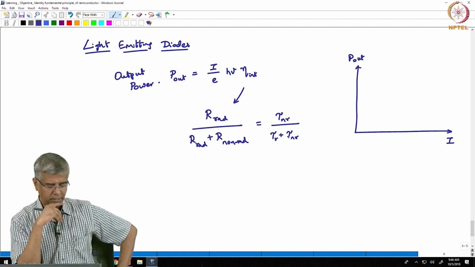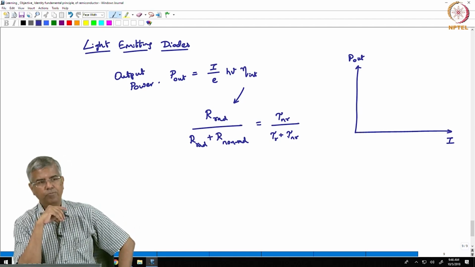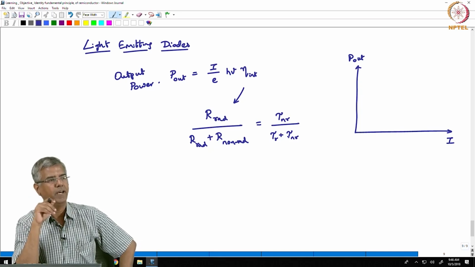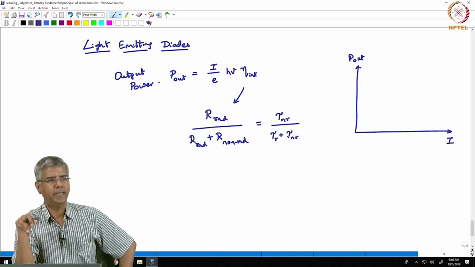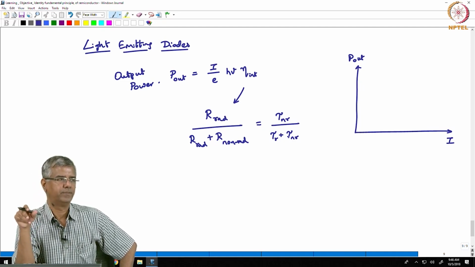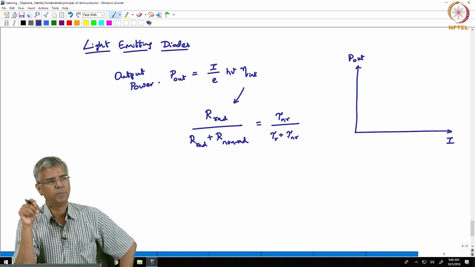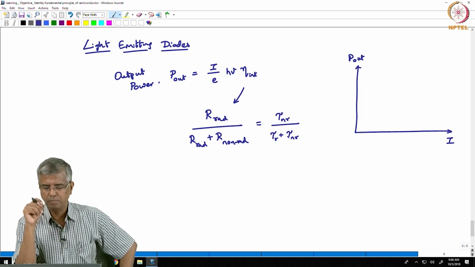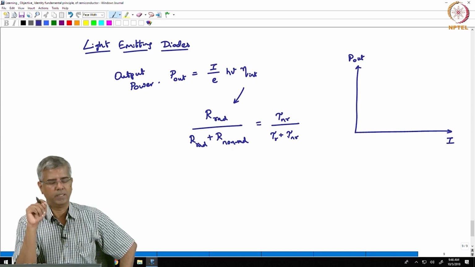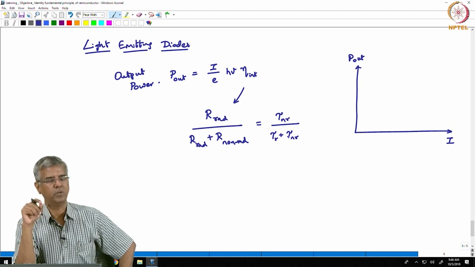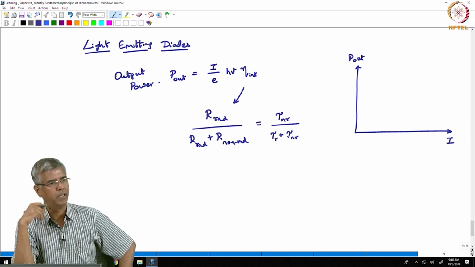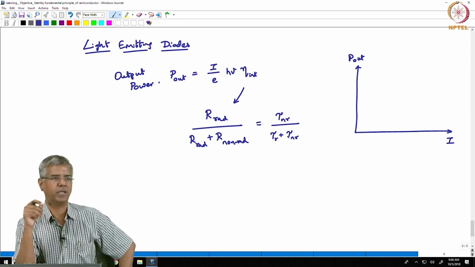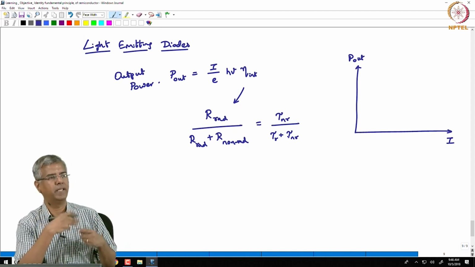So, it basically says that if tau r is far less than tau nr, then eta int is going to be equal to 1. That is one of the advantages of this heterostructure, because what it essentially means is that you have these carrier accumulations, and once the carriers are accumulated, they can immediately recombine.